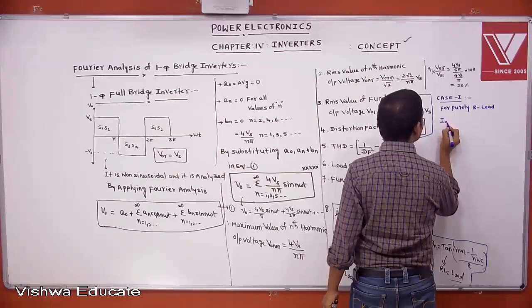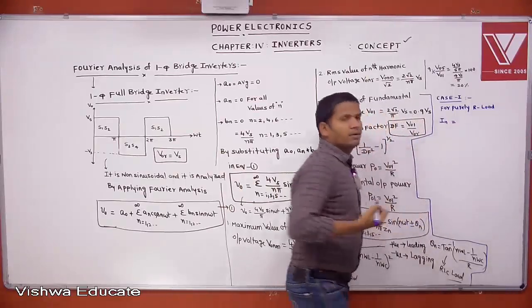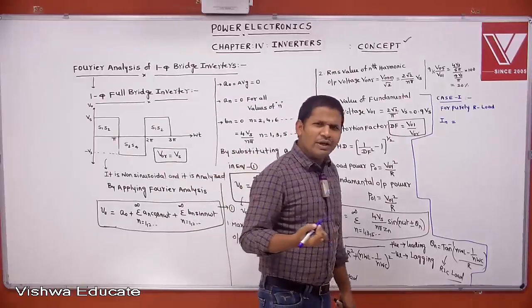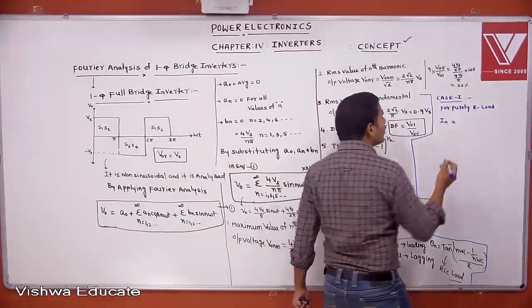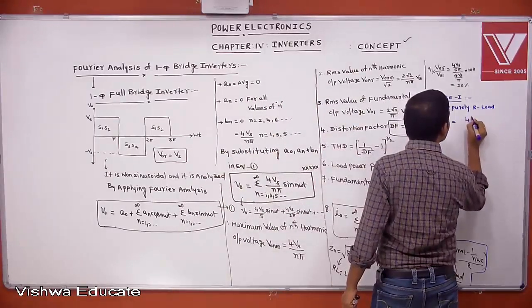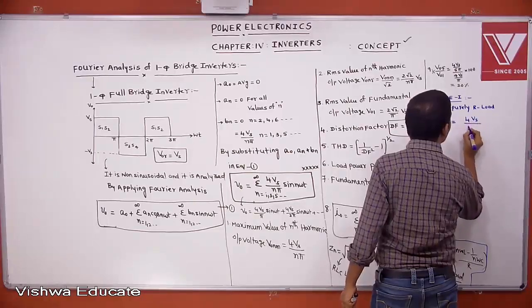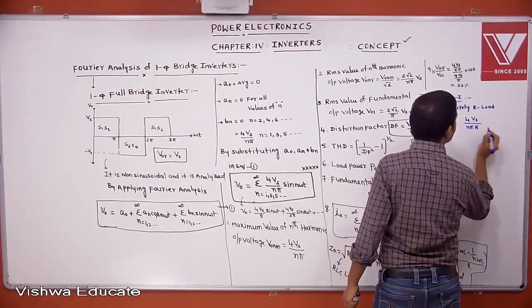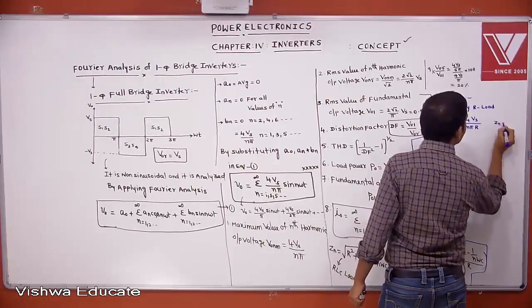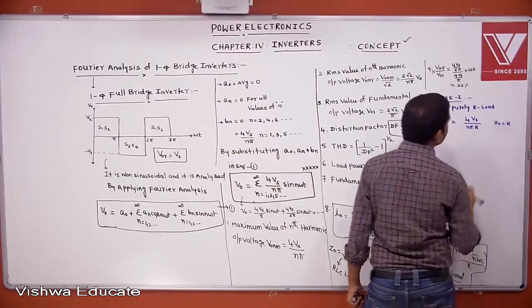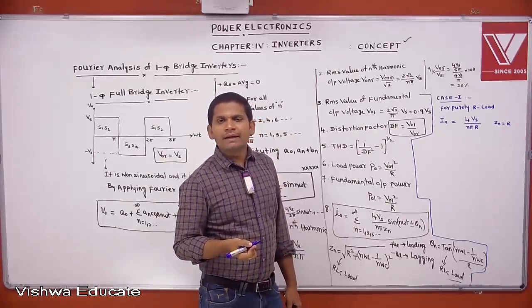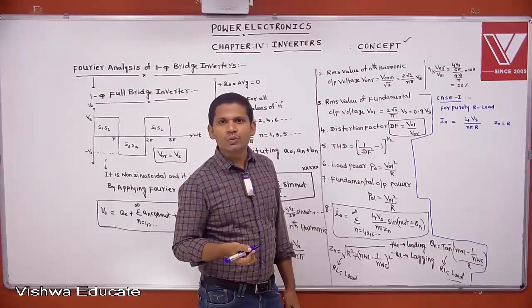Let this be In, the nth order harmonic current, taken as a maximum. The nth order harmonic current In is 4Vs by n pi R, as we have taken Zn equal to R, neglecting inductance and capacitance, since it is a purely resistive load.